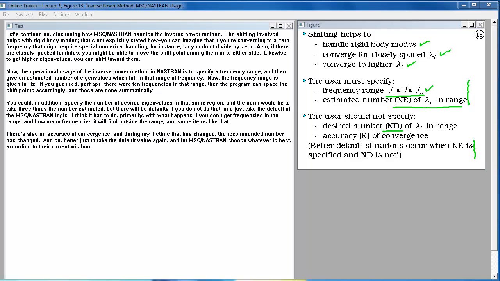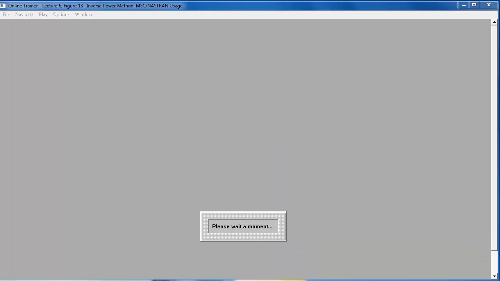I think it has to do primarily with what happens if you don't get frequencies in the range and how many frequencies it will find outside the range and some items like that. There's also an accuracy of convergence, and during my lifetime that has changed. The recommended number has changed, and so better just to take the default value again and let MSC Nastran choose whatever is best according to their current wisdom.